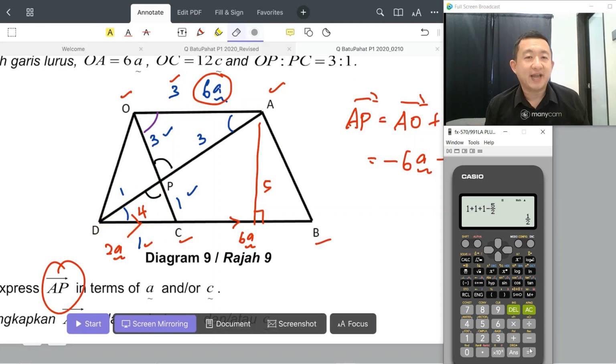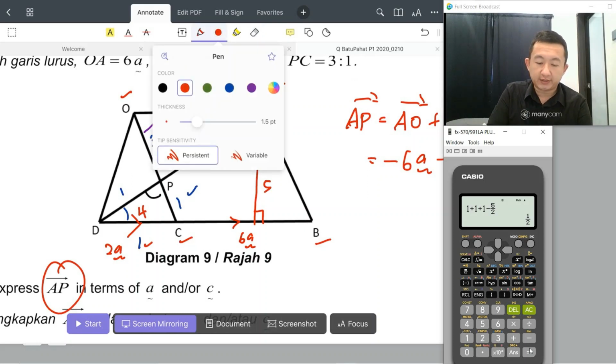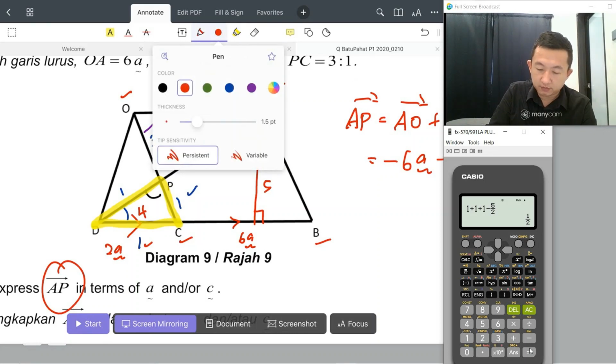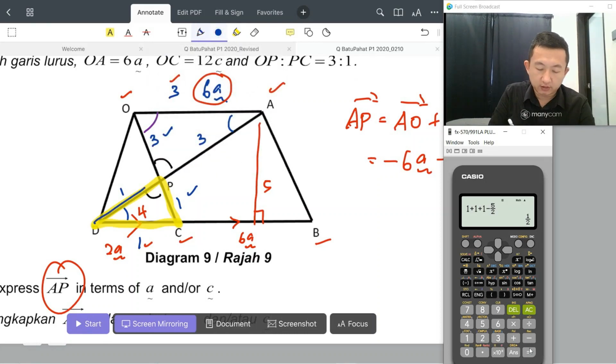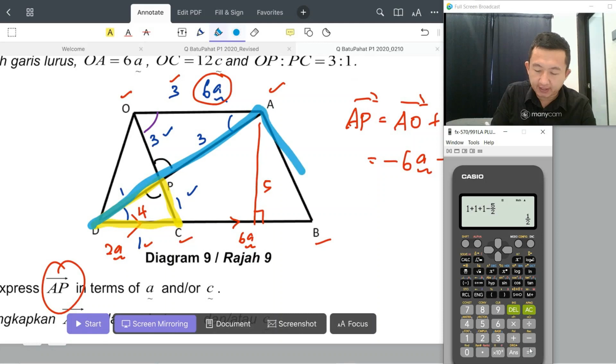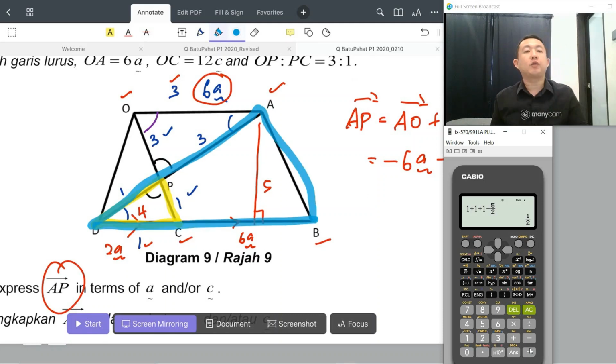Okay, now there is another similar triangle. I want you to look at these two triangles. DPC and DAB. How do I know these two are similar triangles?